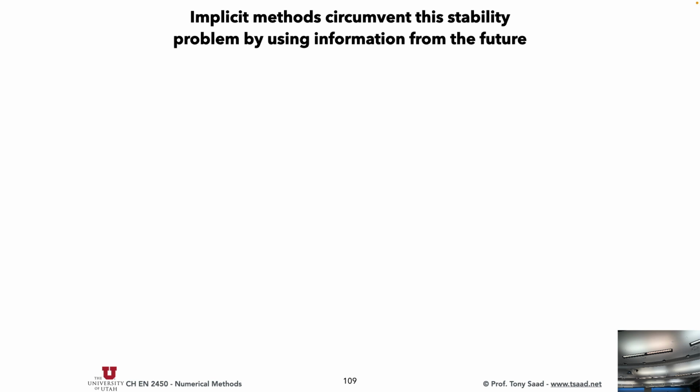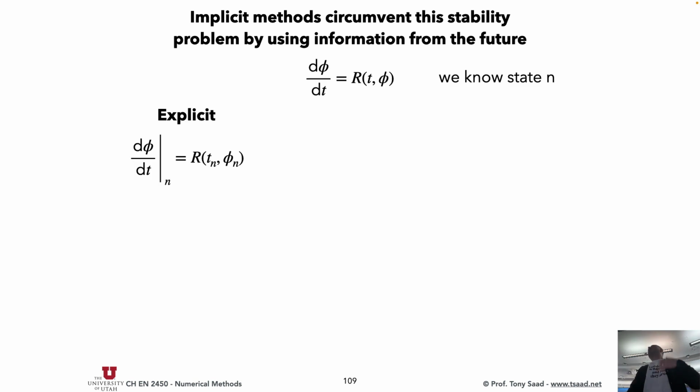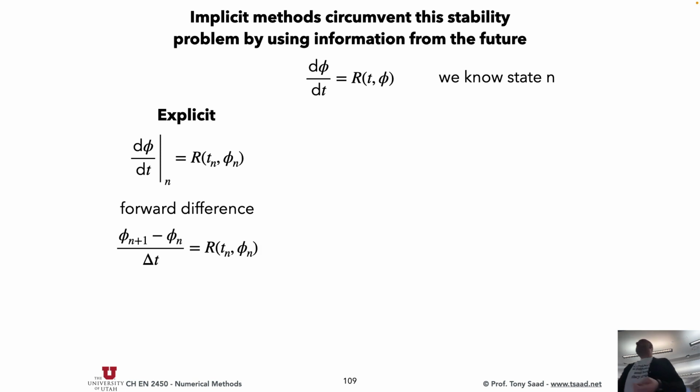It turns out that's the problem for this stability issue. The forward Euler method, a generic explicit method, evaluated the derivative at time level n and did a forward difference, with everything at n, and you found the solution at n plus 1 using everything at n.